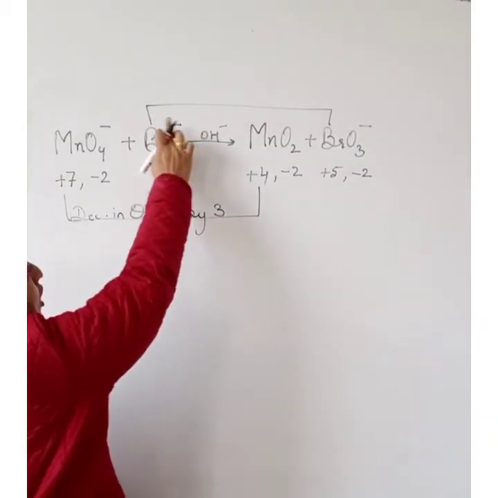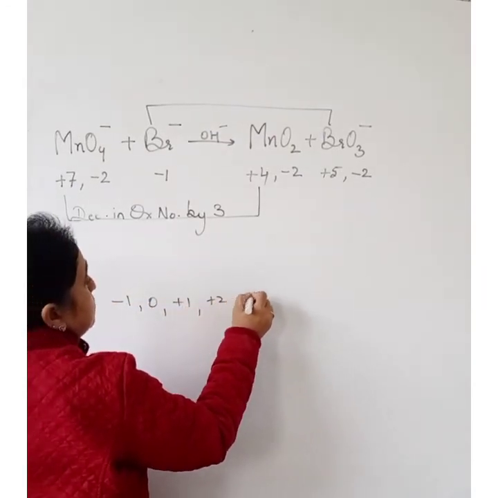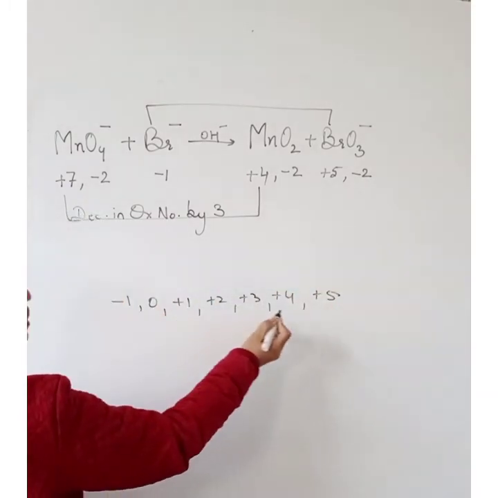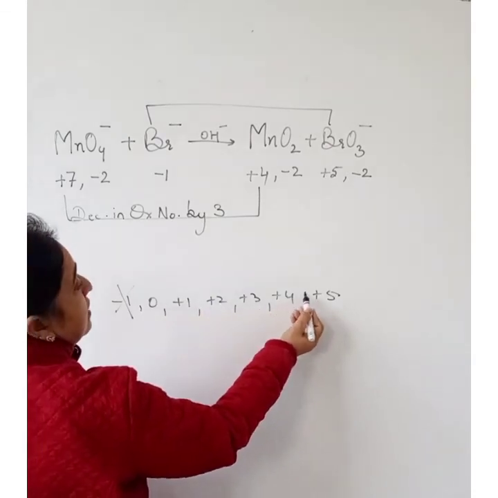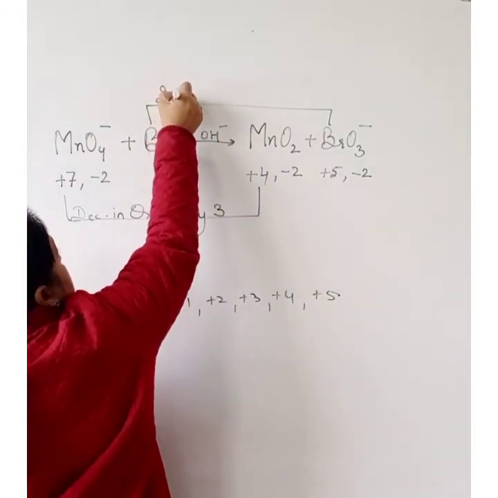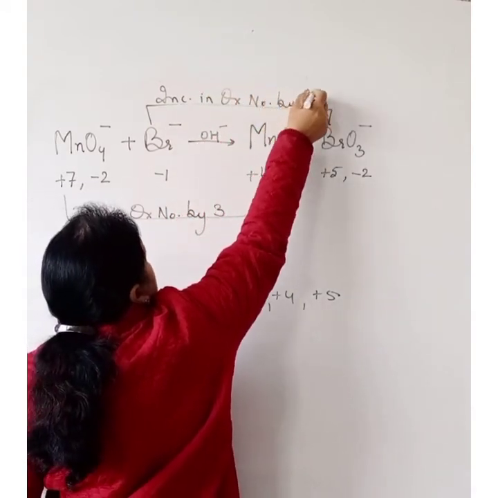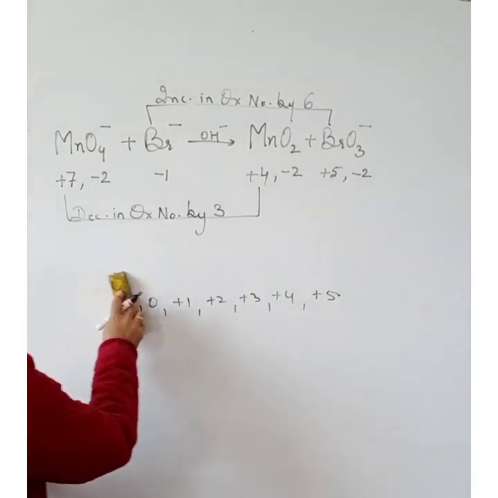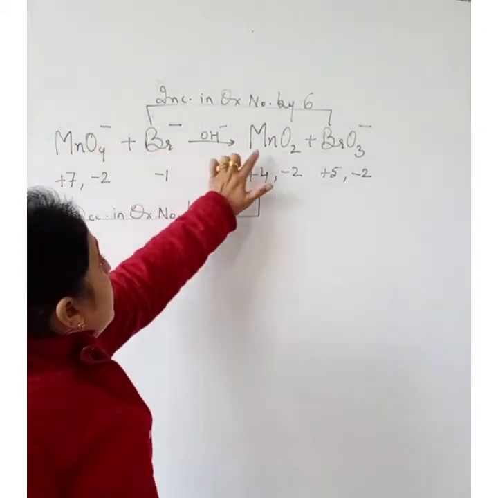And on top, -1, 0, +1, +2, +3, +4, +5. -1 is changing into +5. So 1 I am going to cancel. 1, 2, 3, 4, 5, 6. So here increase in oxidation number by 6. Now first of all, let us see whether the oxidation number is per atom or not. 1 Mn, 1 Mn.